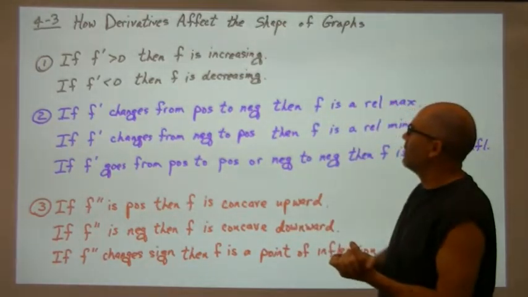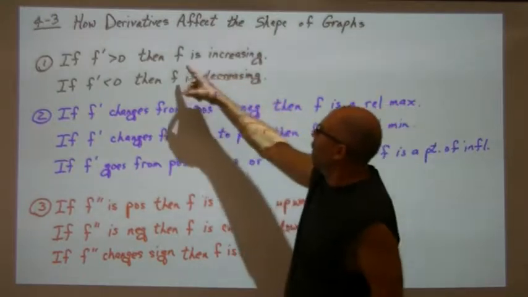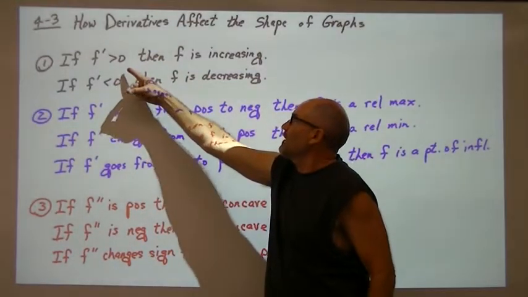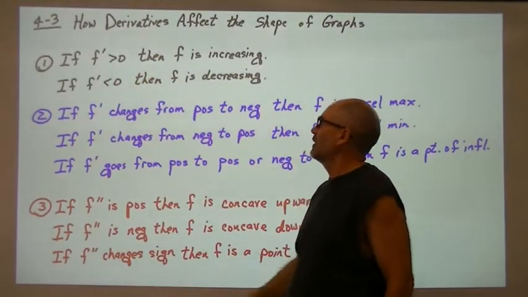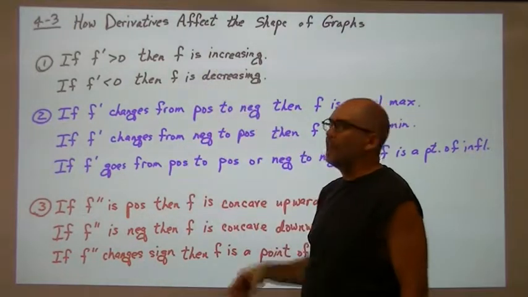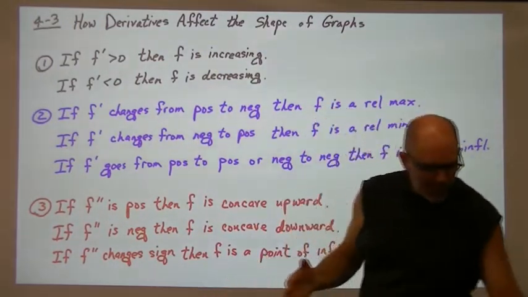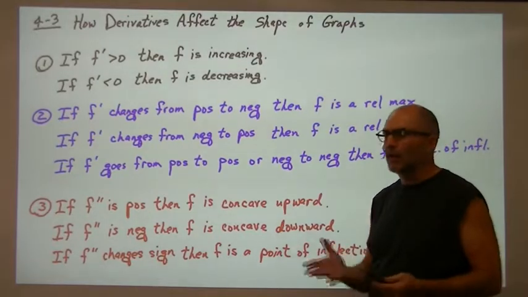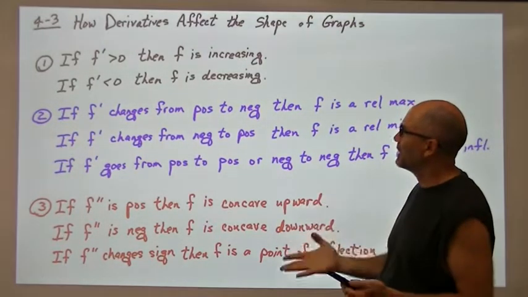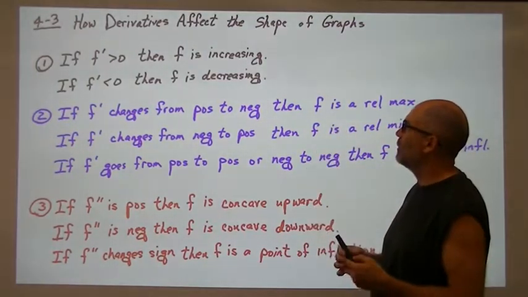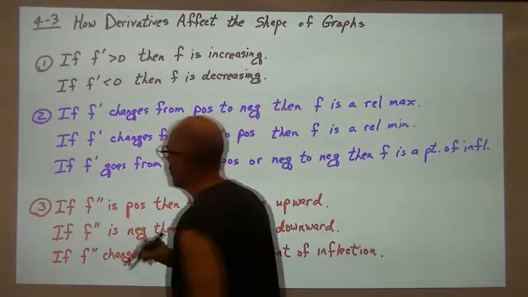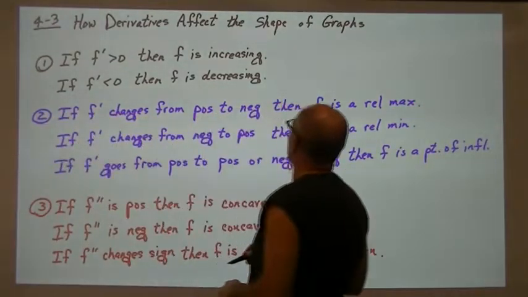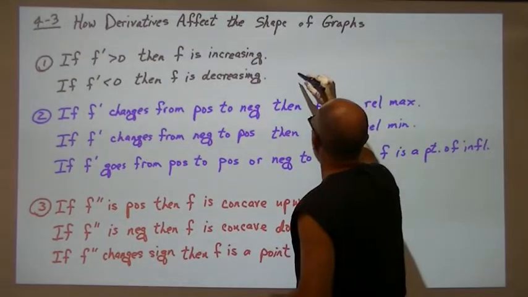So let's check this out. First of all, if the first derivative is positive, then f has to be increasing. Why is that? Well, because you have a positive slope in the entire region, so that means your function has to be going uphill.